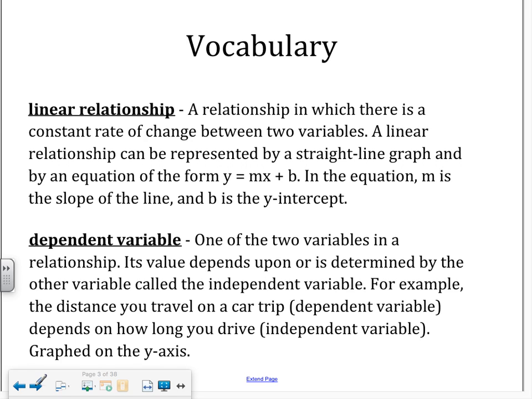So we have linear relationship. We've been talking about this all unit so far, a relationship in which there is a constant rate of change between two variables. So we talked about it as x increases by 1, y increases or decreases by a constant amount. We have our dependent variable, the value that depends on or is determined by the other, which is the independent variable.